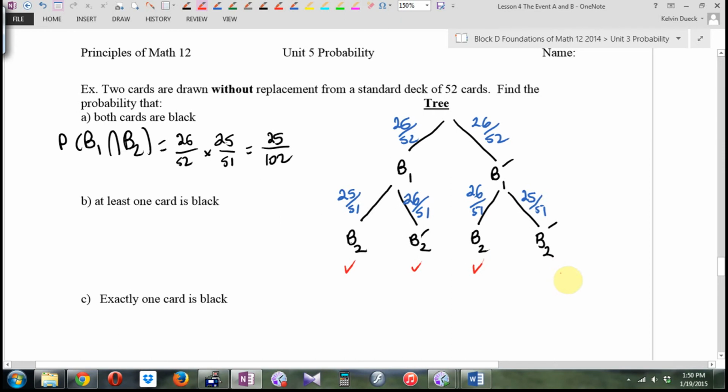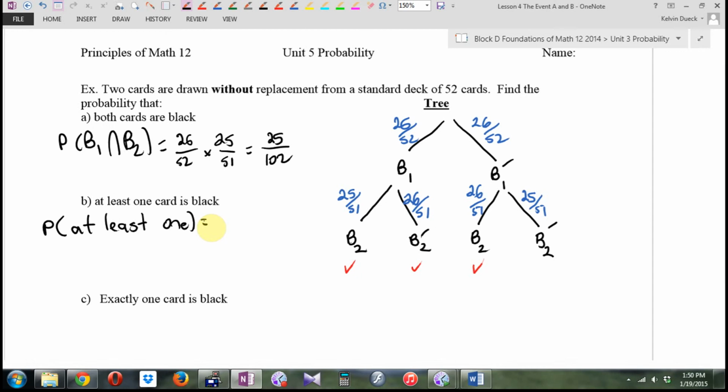How could I find this then? What's it going to be? Well, this times this, or this times this, or this times this. What does or mean?